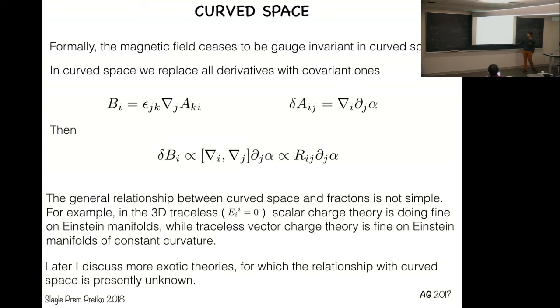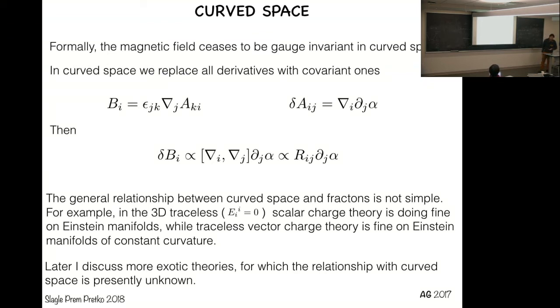So the magnetic field is not gauge invariant. The theory experiences a breakdown of gauge symmetry at the classical level if you have curved space, which means that in the areas where the space is curved, there are more degrees of freedom, because gauge symmetry just tells you the number of degrees of freedom.